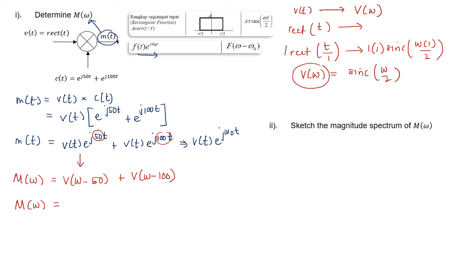It is a sinc function of the first omega, but shifted by 50: sinc of (omega minus 50) divided by 2, plus the second component. V(omega) is a sinc function, but with omega shifted by 100, divided by 2. So this is the equation of your M(omega).